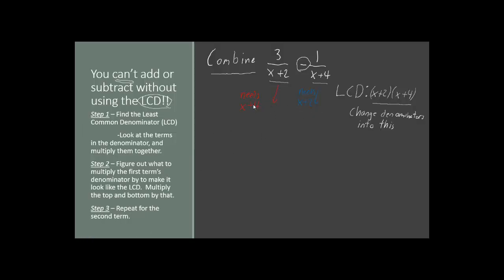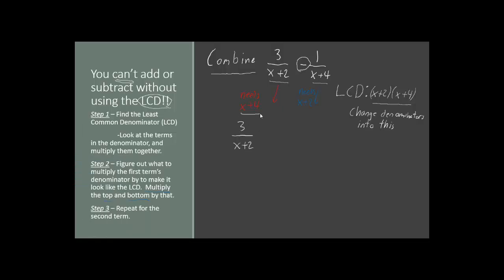So now that we know what each fraction needs in order to become the least common denominator, we're going to multiply both the top and the bottom of each fraction by whatever it needs. So for this first fraction, we have 3 over x plus 2 to start off with.